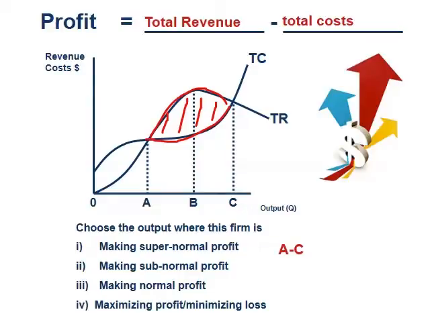Subnormal, therefore, is from O to A and after C. Why? Because total cost is above total revenue at those outputs. Normal profit is at A and C, because total revenue equals total cost. And in this diagram, where total revenue is at that point there and total cost is at that point there, they're at the greatest distance apart, so we could assume they're maximizing profit.